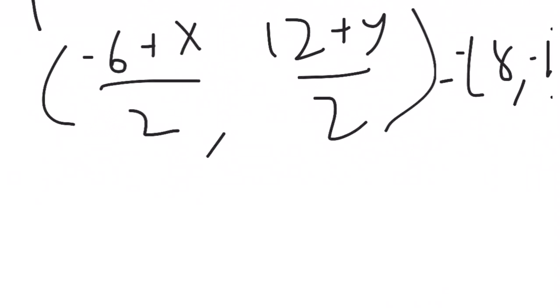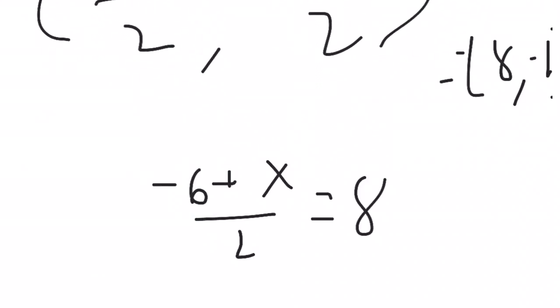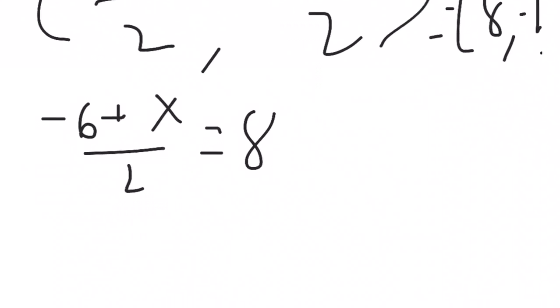So if you want to split that up into two separate equations, -6 plus x over 2 equals 8. And then take the equation for the y-coordinate, which was 12 plus y over 2 equals -2.